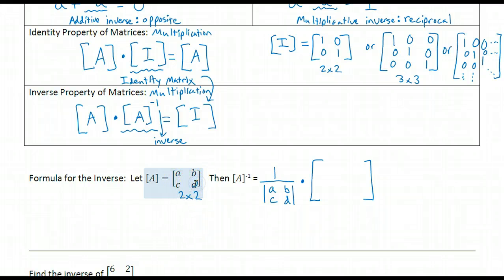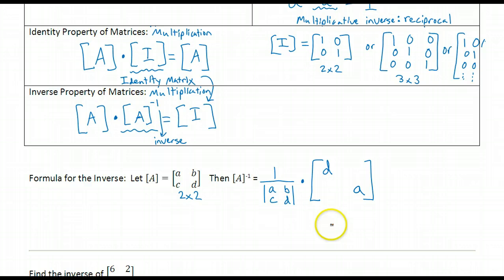I'm going to take my value in the lower right corner and put it in the upper left corner, and I'm going to take the value in the upper left and put it in the lower right. And then I'm going to keep these two numbers in the same spot, but I want the opposite of those two numbers. So in order to find the inverse of a 2 by 2 matrix, I'm really combining the reciprocal of the determinant, and the opposite. I want the opposite of these two numbers with these two numbers switched around.